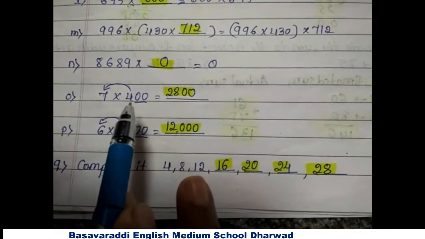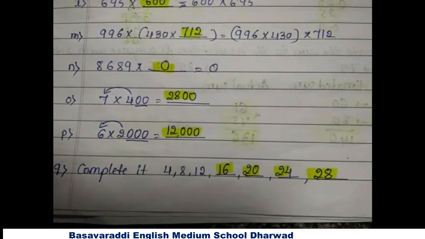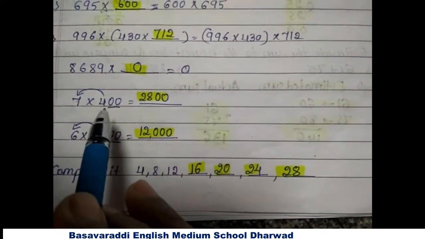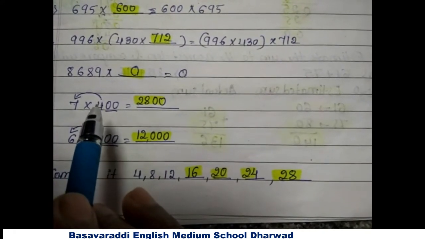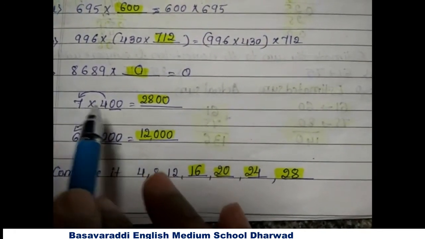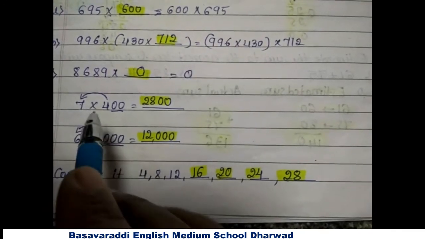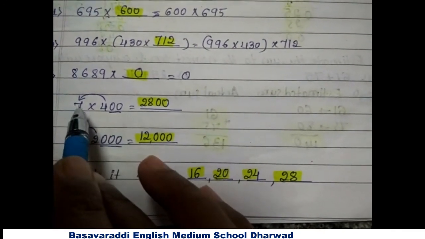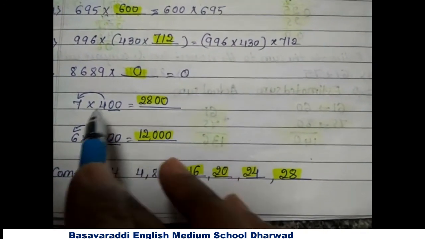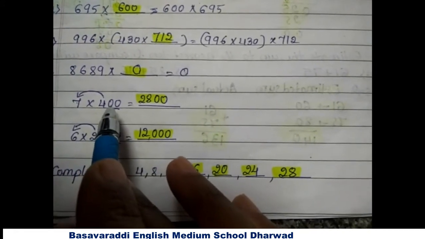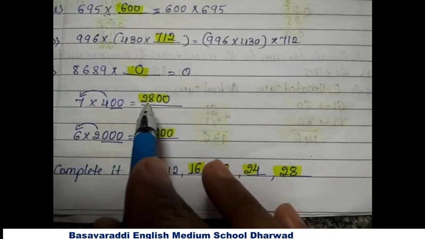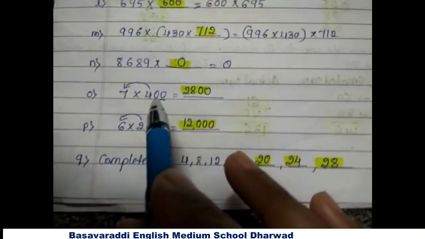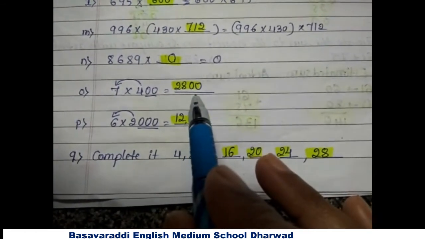First we multiply the non-zero parts, then put the zeros. What are the non-zero parts here? The 7 and 4. 4 sevens are 28, and then put the zeros. How many zeros here? 1, 2. So write 1, 2. That means the product of 7 into 400 is 2800.